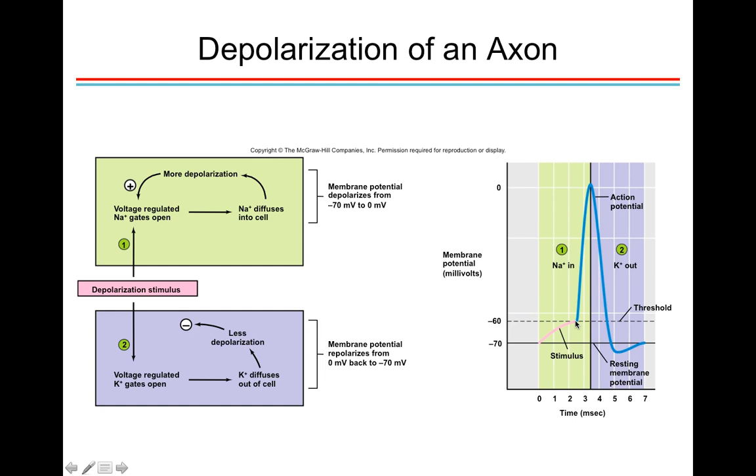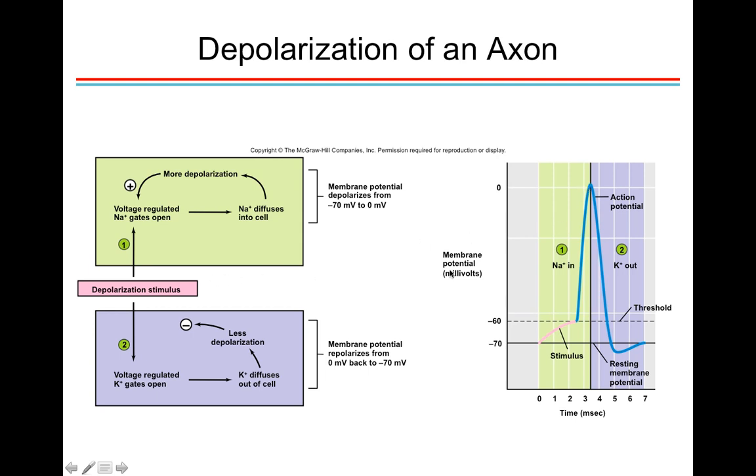The sodium ion channels are going to open, and this is going to greatly increase the membrane potential up to 0. So it's a huge difference, right? And this is going to be so quick, in 1 millisecond. It'll jump from negative 60 to 0 millivolts.